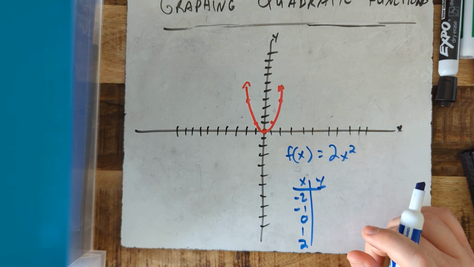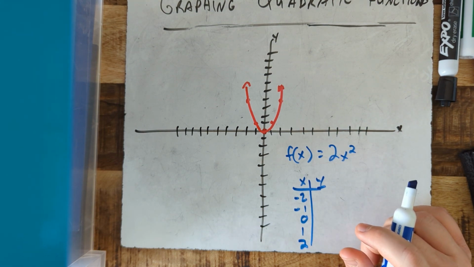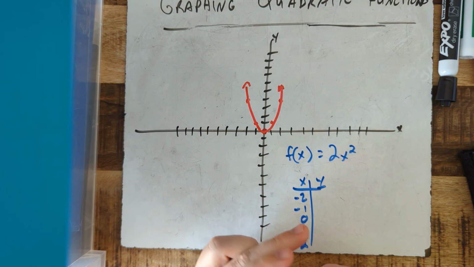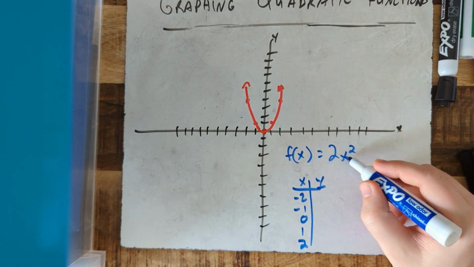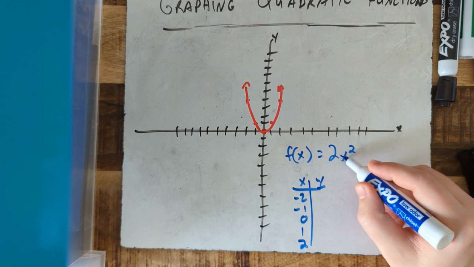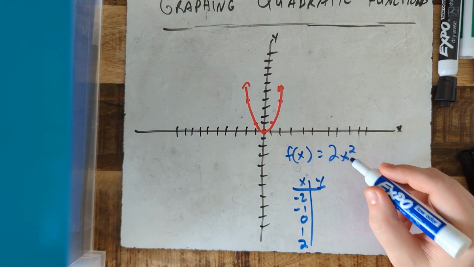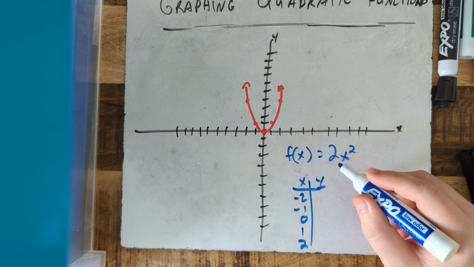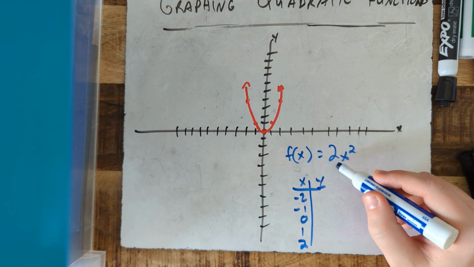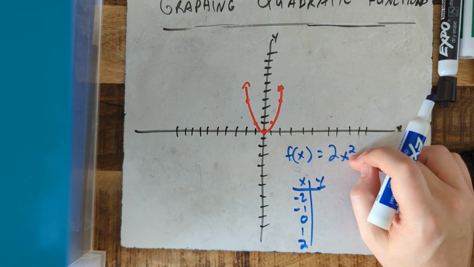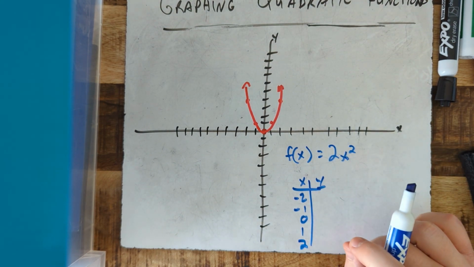Something very important to remember is our basic order of operations: you always need to square your x first before you multiply by the number that comes before it. Remember PEMDAS, we do exponents before we multiply. So square the number first and then multiply.